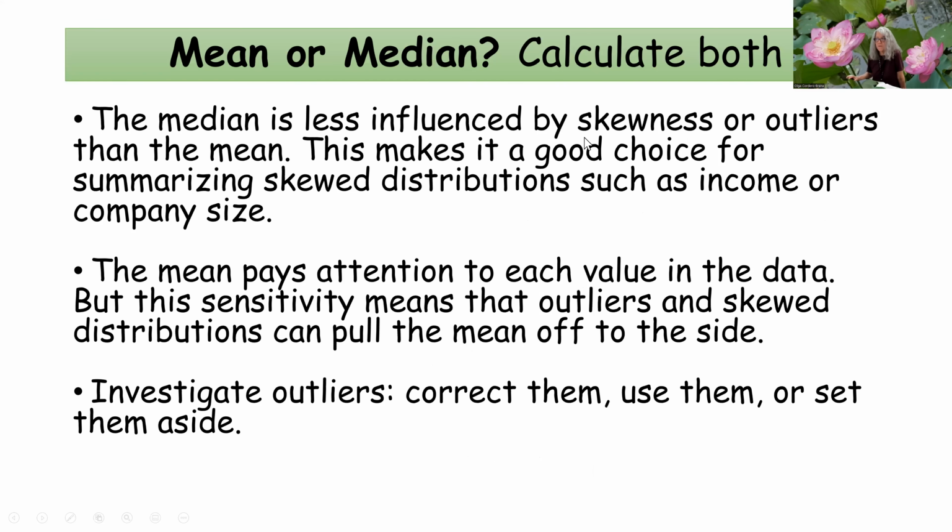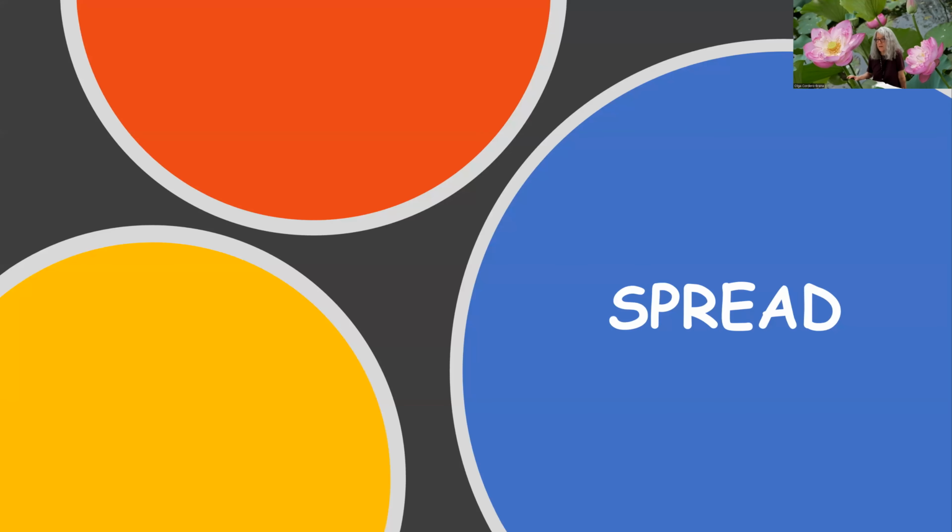The median is less influenced by skewness or outliers than the mean. This makes it a good choice for summarizing skewed distributions, such as income or company size, value of homes, etc. The mean pays attention to each value in the data, but this sensitivity means that outliers and skewed distributions can pull the mean to one side. Investigate outliers, correct them, use them, or set them aside.